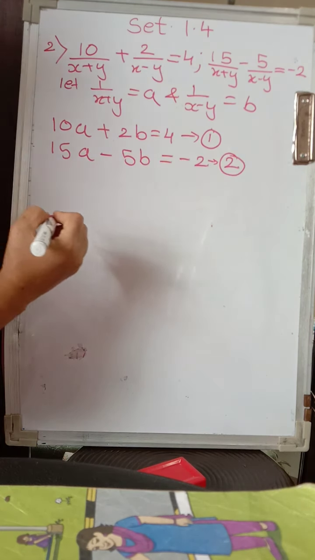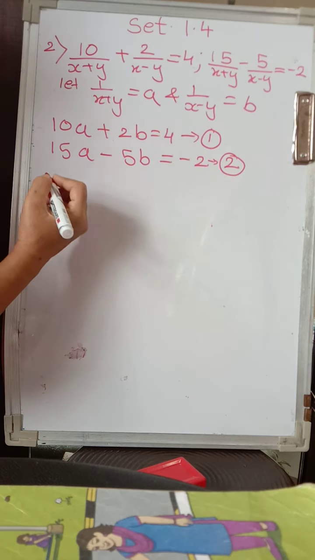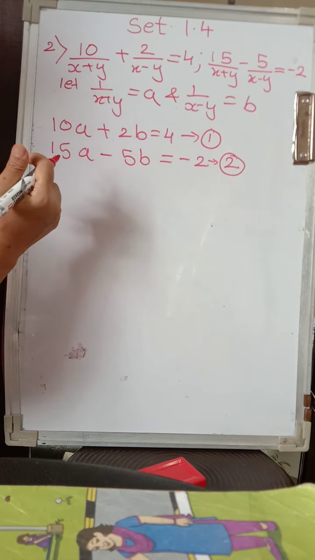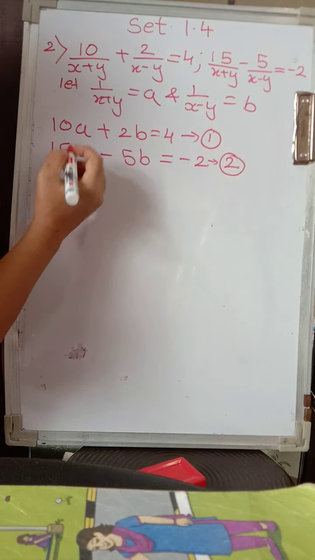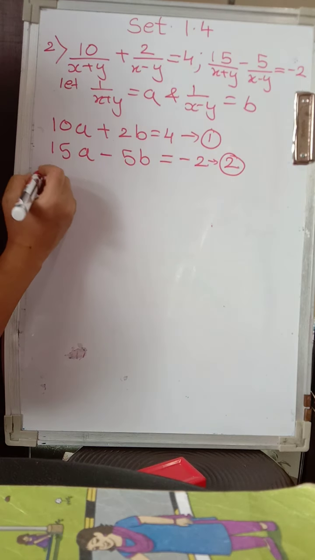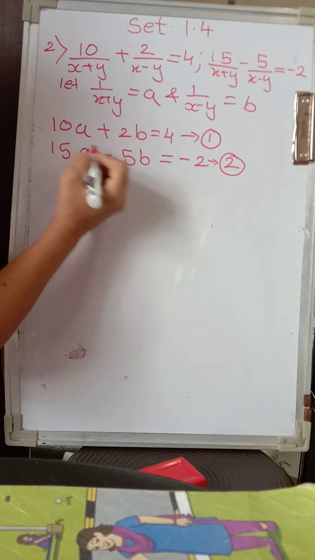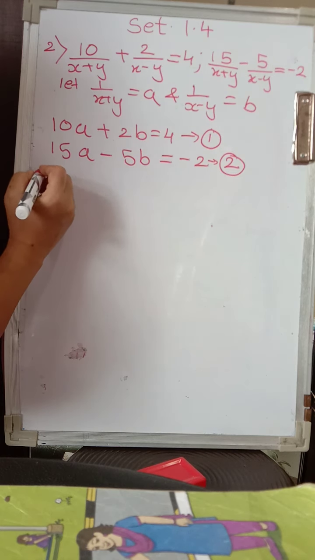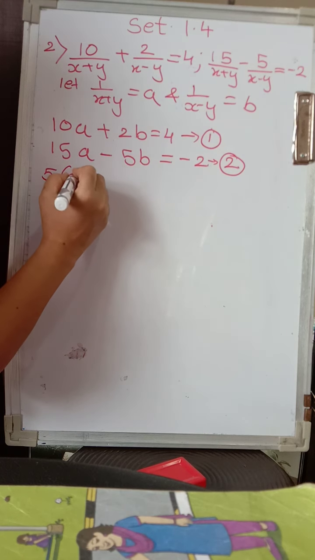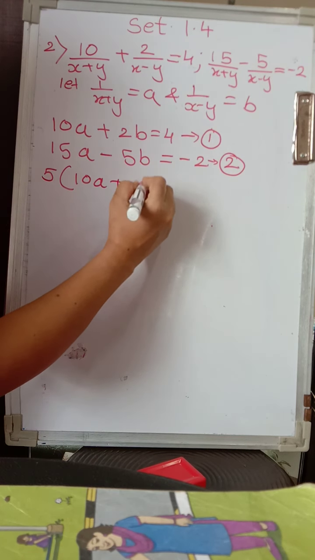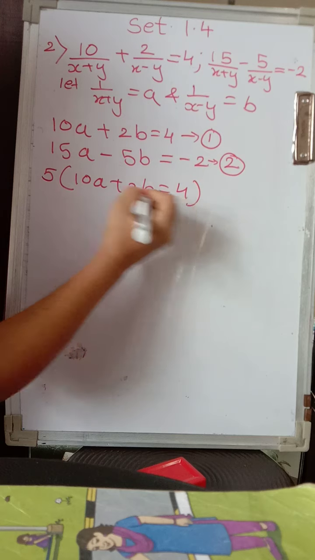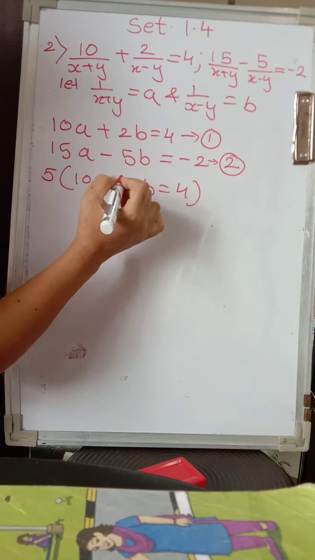Again, let us multiply these equations so as to equalize the coefficients. Now here, multiply this equation by... 2b, and this can't be done. So we have to multiply it in this way. Multiply the first equation by 5. So you have 10a plus 2b is equal to 4. And you multiply the second equation by 2.